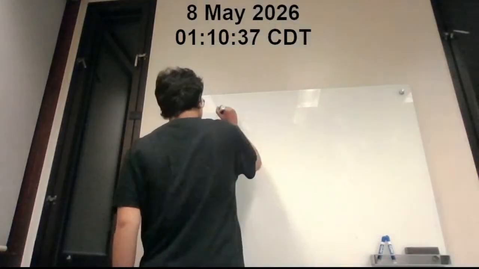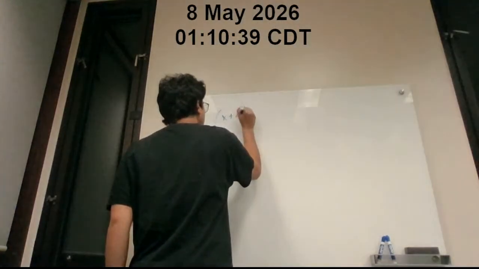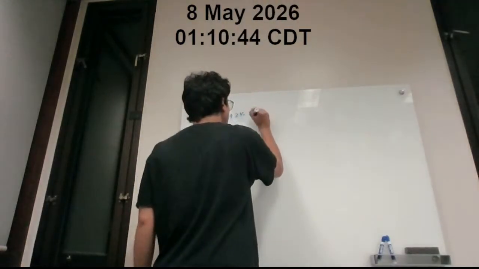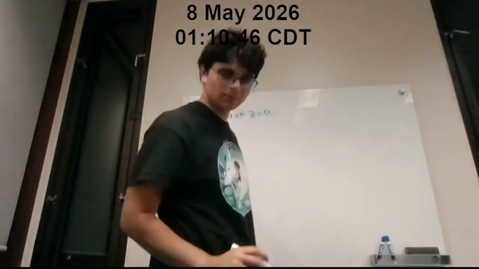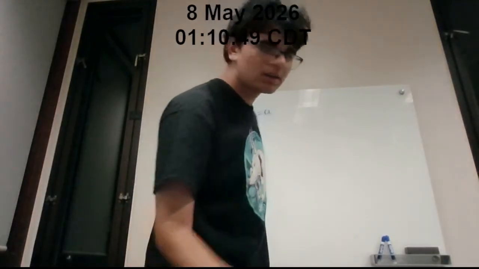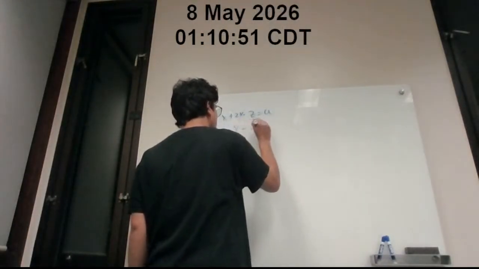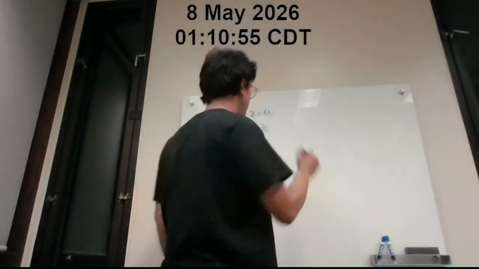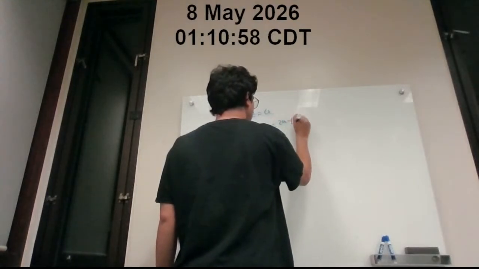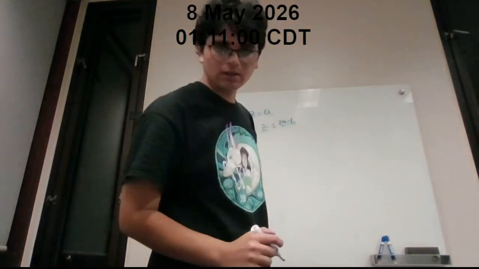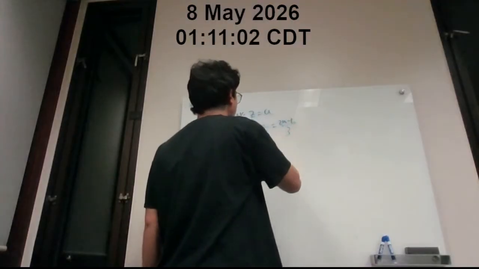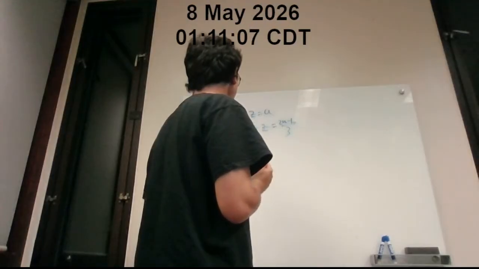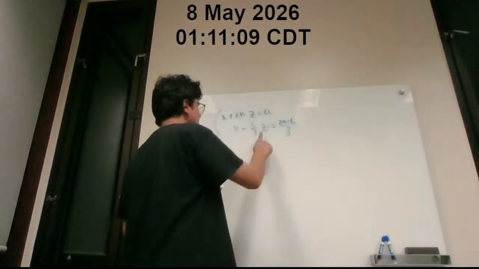So let's say you have a system like this. Something like that. Again, I want to move on to something important. What do you notice about this? Well, z is a free variable.